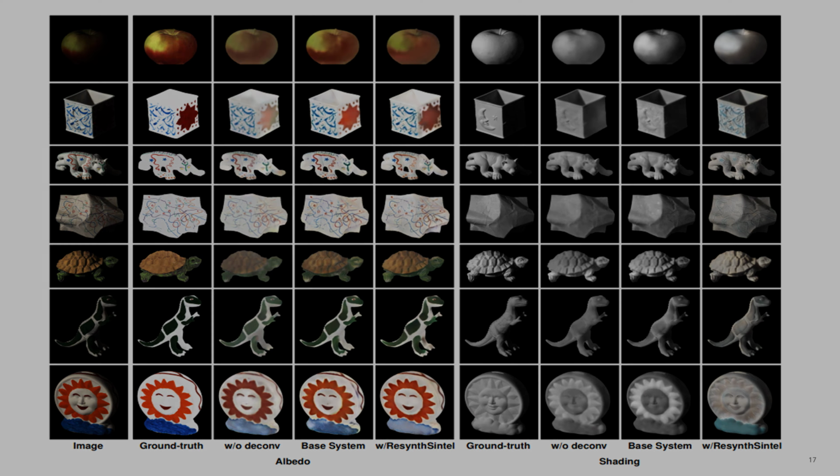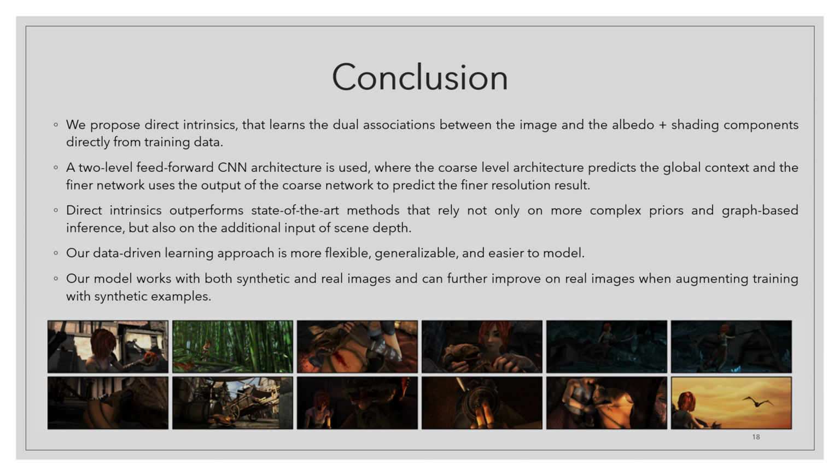Coming to the conclusion, we proposed direct intrinsics, a new intrinsic image decomposition approach that is not based on the physics of image formation or the statistics of shading and albedo priors, but learns the dual association between the image and the albedo plus shading components directly from training data.